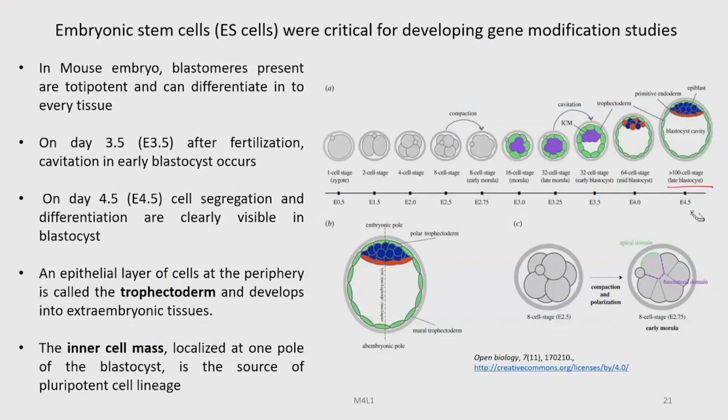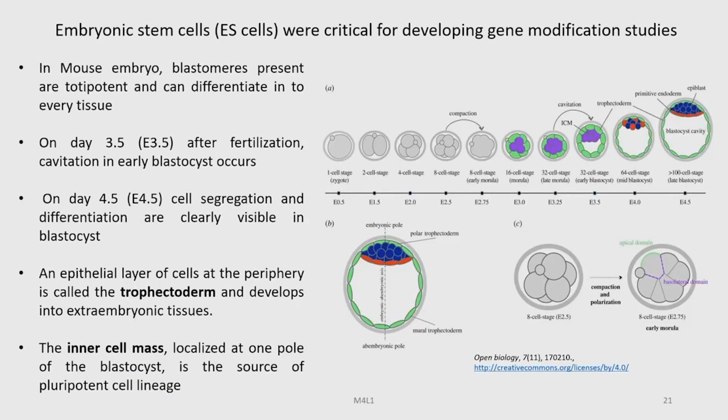So, here other important things we need to remember are the trophectoderm, and also the primitive endoderm, and here the epiblast. Okay. So, let us now discuss one by one exactly what happens in such a case.